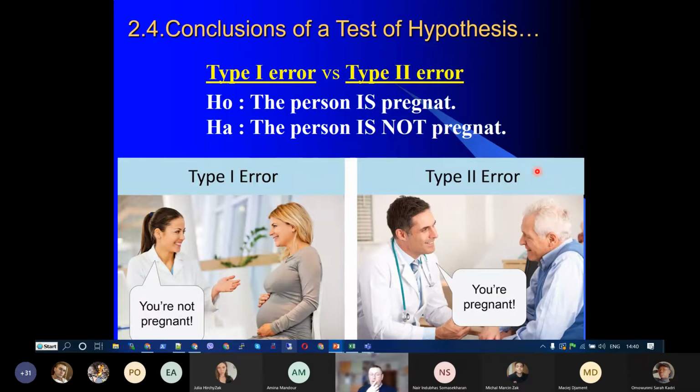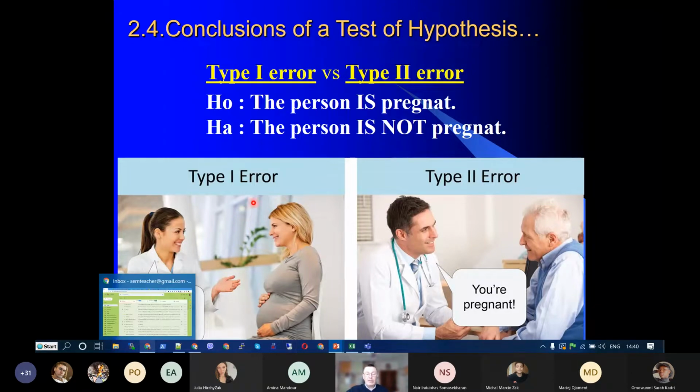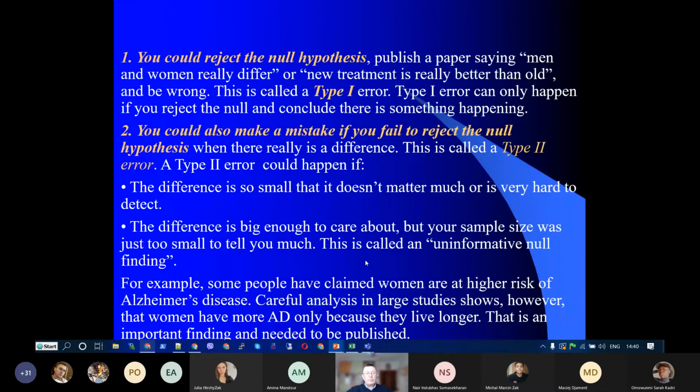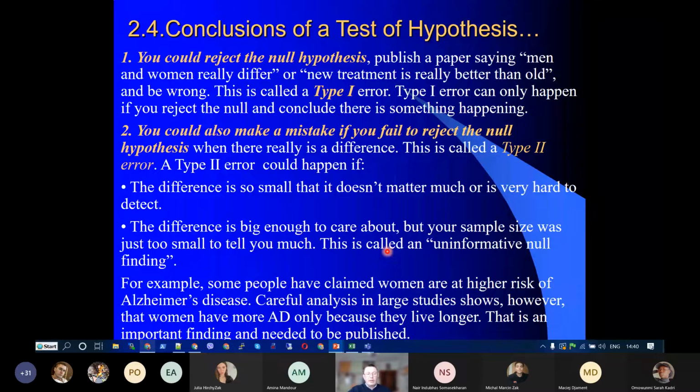So here we have two statements about the null and alternative hypotheses and how type 1 and type 2 errors look in both cases. Unfortunately, when we deal with numbers, it is not obvious. And here we have a number of explanations of how we can face a null and alternative hypothesis, and it is much more difficult to detect, in fact, a type 2 error.